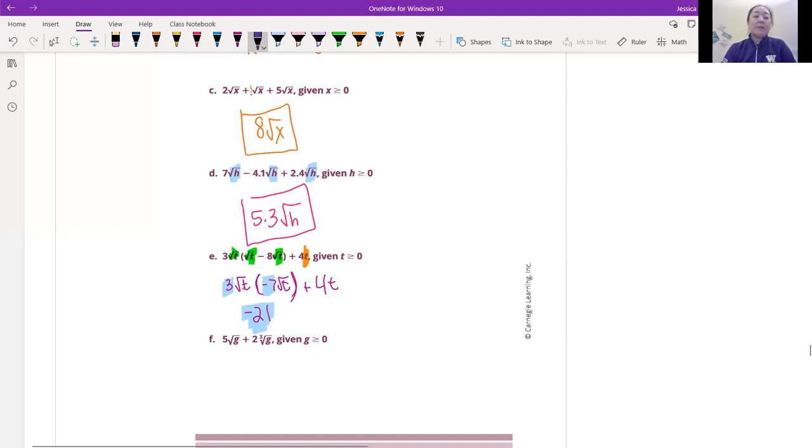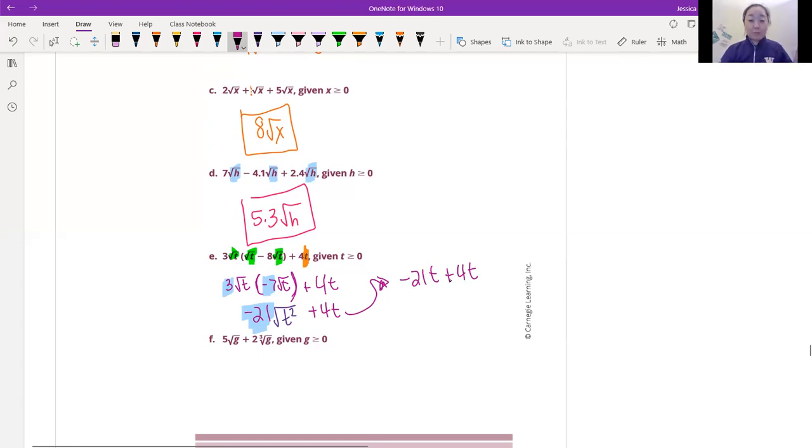And then we have square root of t times square root of t. What is square root of t times square root of t? Square root of t squared. And then we have this plus 4t. Well, we know that the square and the square root are going to cancel out. So what do we end up getting? Negative 21t plus 4t. Oh, look, they're all t's now, right?